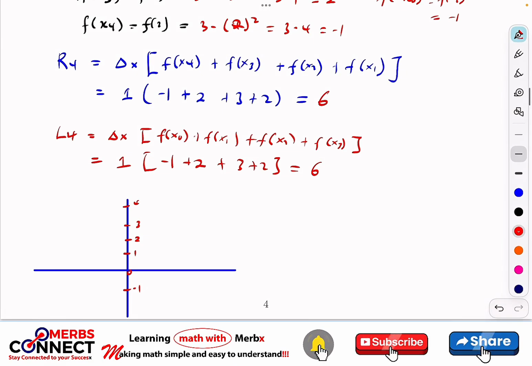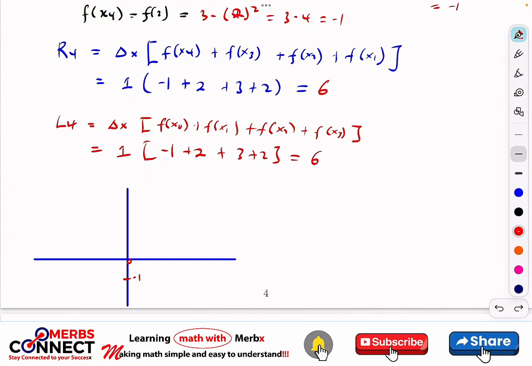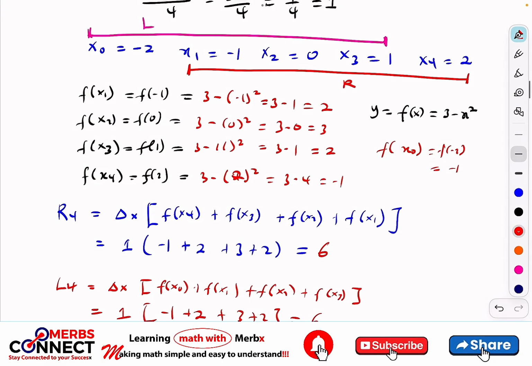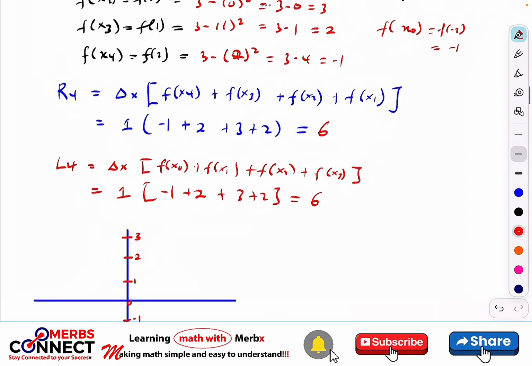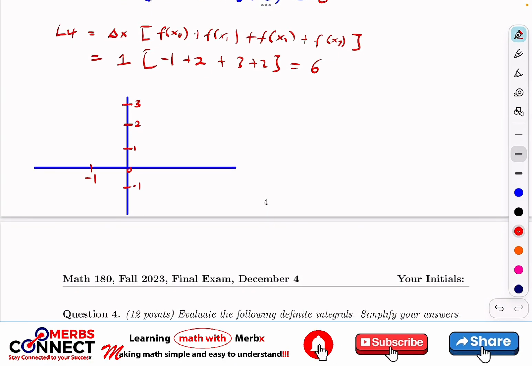Now let's try and sketch this. Let me increase it small because my height value here is 3. So let me put 1 here, 2 here, and 3 here. Now x values are minus 1 to 2. So x values, I have minus 1, 0, 1, 2.